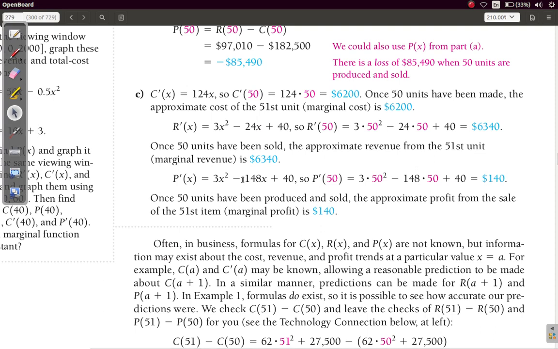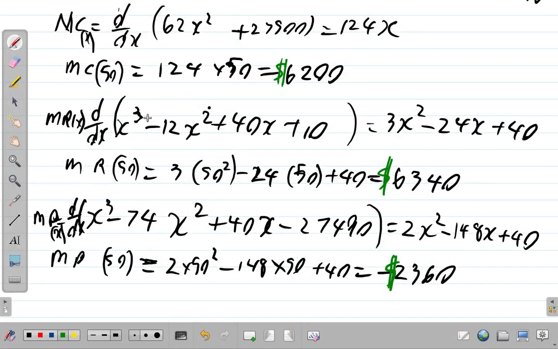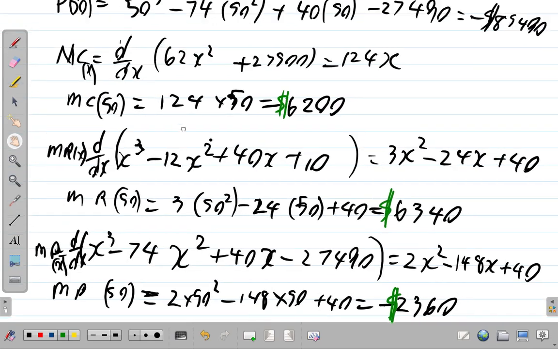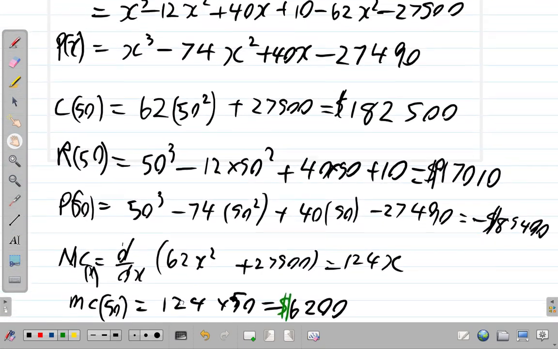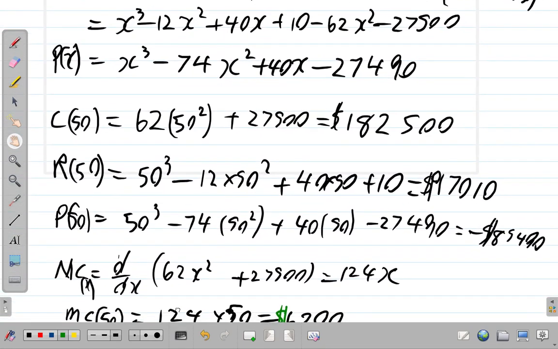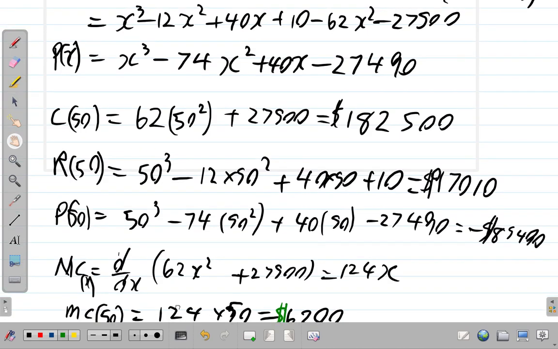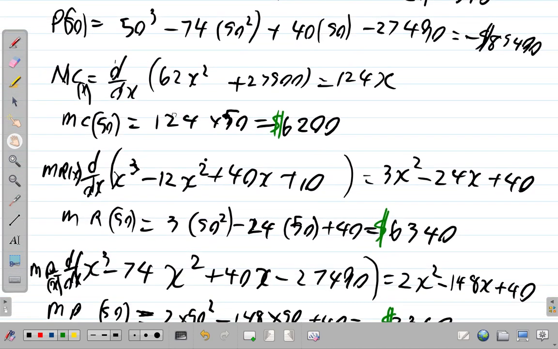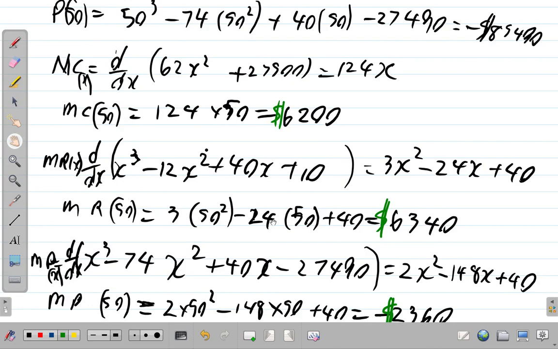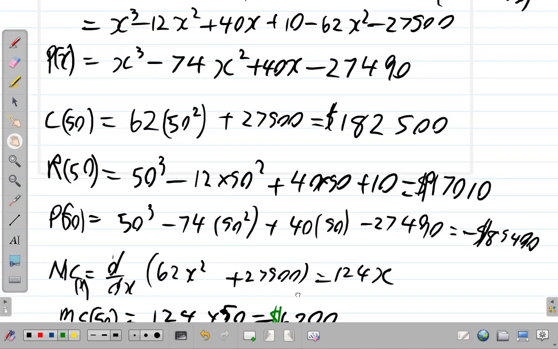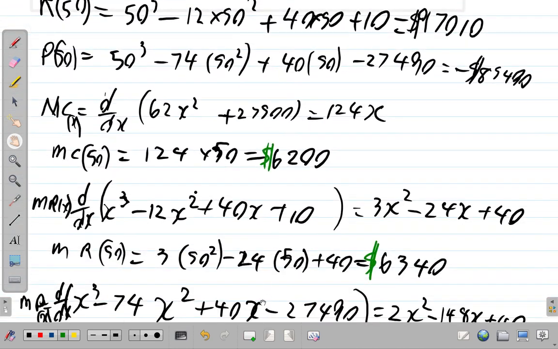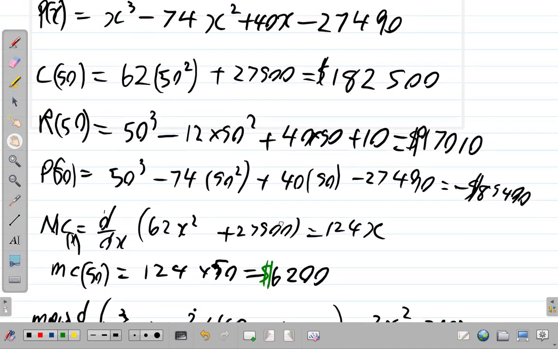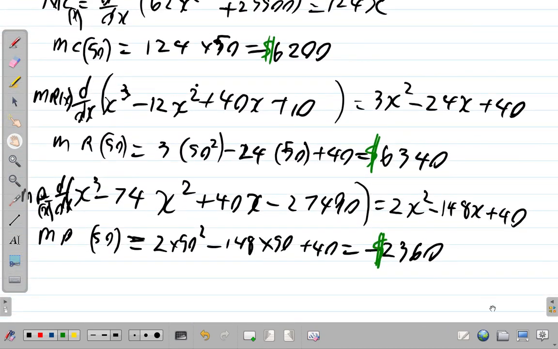Our total profit was x cubed minus 74x squared plus 40x minus 27,490.